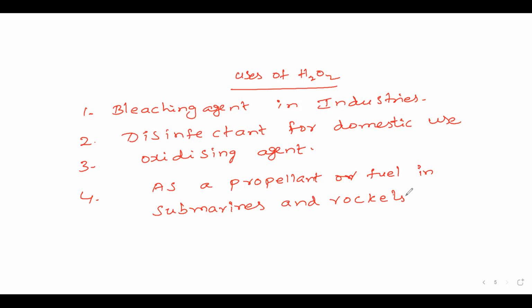So these are the main uses of hydrogen peroxide. It is used as a bleaching agent in industries, disinfectant for domestic use, oxidizing agent, and as a propellant or fuel in submarines and rockets. So with this, we have completed the explanation part of this chapter.